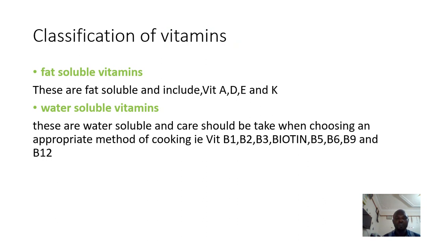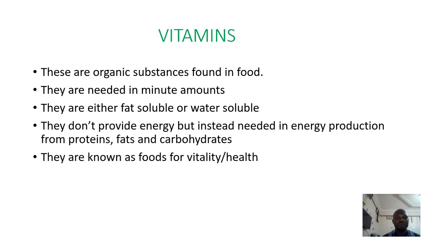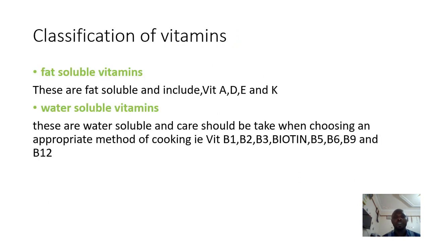So in brief, what we've just looked at are the general properties of vitamins. Then we can go next and look at the classification of vitamins. Vitamins are classified into two: fat soluble vitamins and water soluble vitamins.